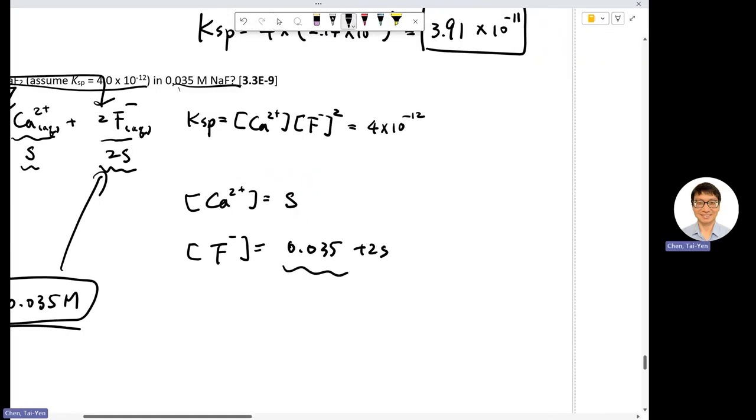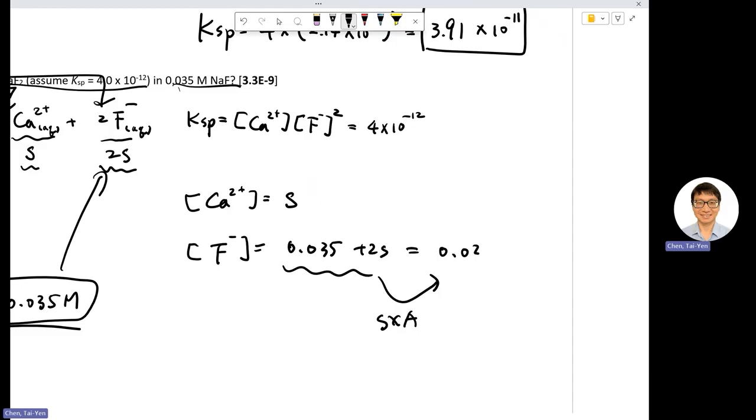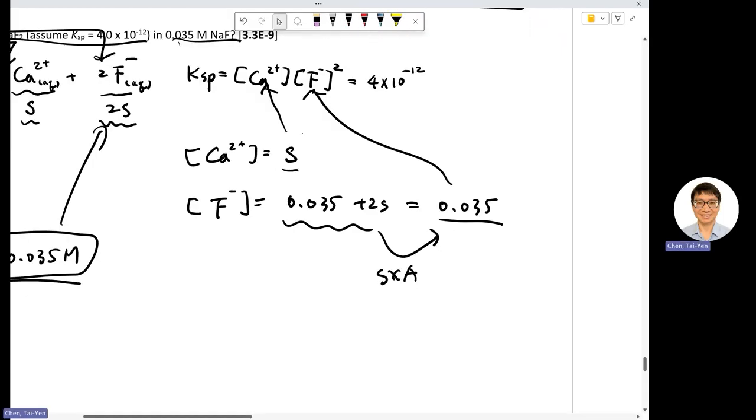Okay, and then here we can always use small x approximation. Therefore, it becomes 0.035. Okay, so once you have these two, you're going to put this in there, put this in there.